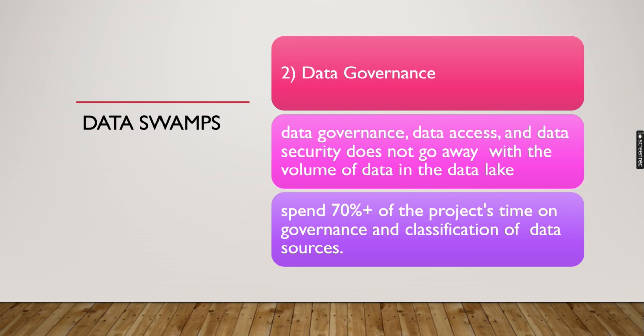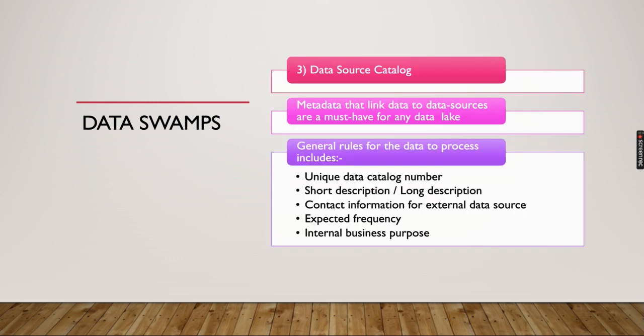Data swamp: data governance is required. Data governance, data access and data security do not go away with the volume of data in the data lake. So if the data volume is increasing, we still need to ensure that the data has security. Spend 70% of the project time on governance and classification of the sources.